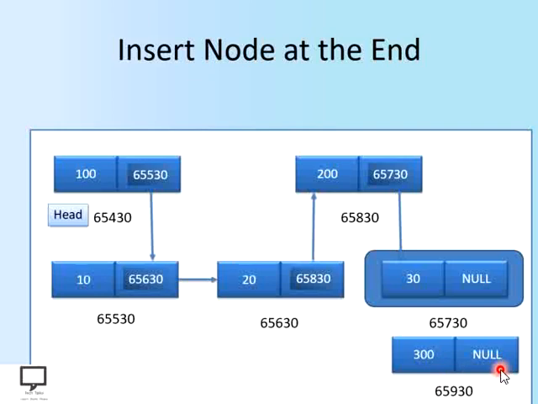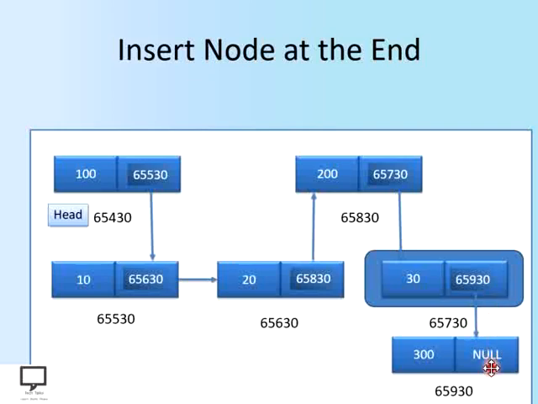Now as we have to insert at the end, we have to form a logical link between these two nodes. To form a logical link, we have to update this null with the address of this newly created node. So let's update this next field, and after updating this field it is forming a logical link between these two nodes.